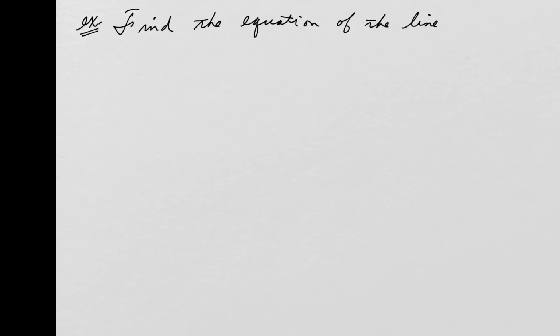So let's say we're asked to find the equation of the line that passes through, let's say, negative 7, 6, and it has slope, say, 2/7.